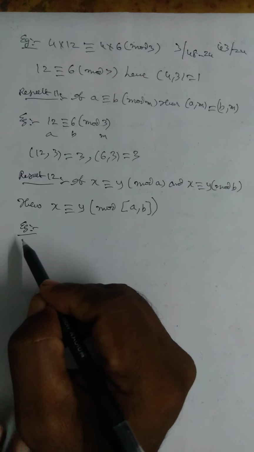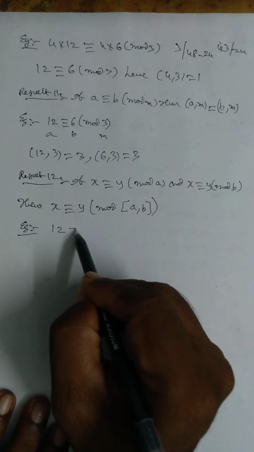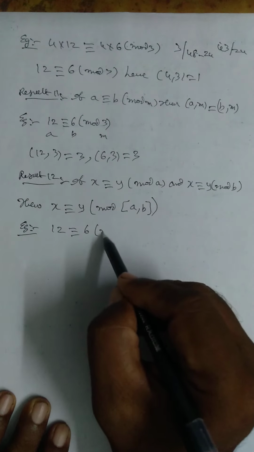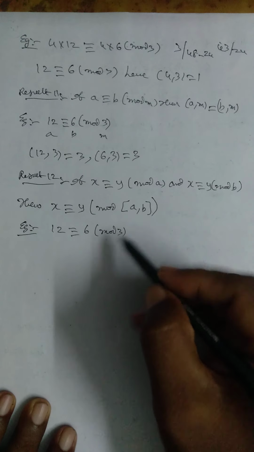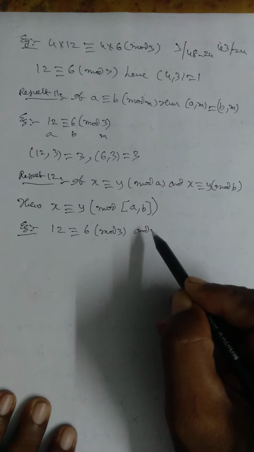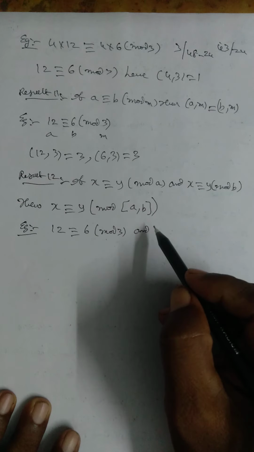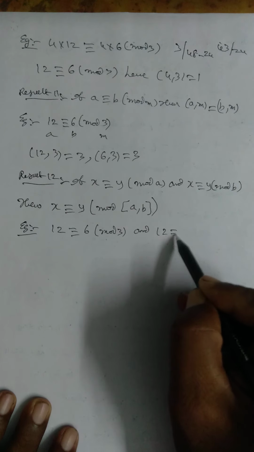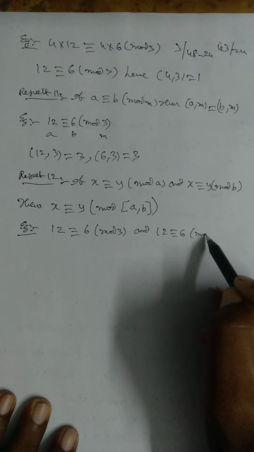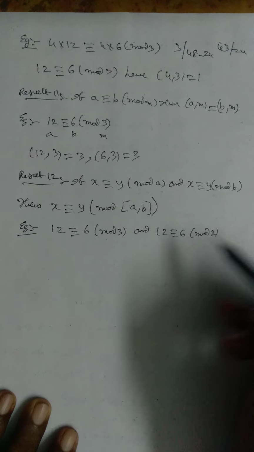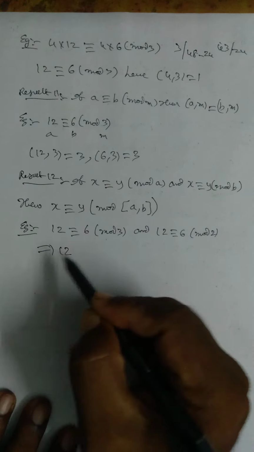Example, 12 is congruent to 6 mod 3, okay, and 12 is congruent to 6 mod 2. This implies 12 is congruent to 6 mod, what is the LCM of 3 comma 2? 6.